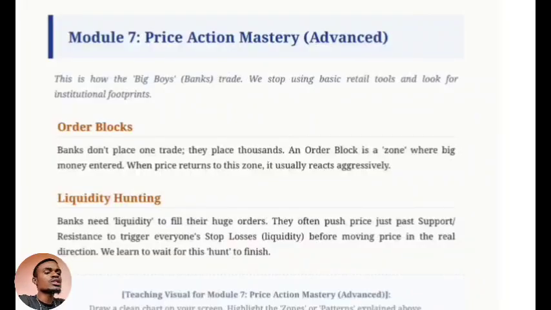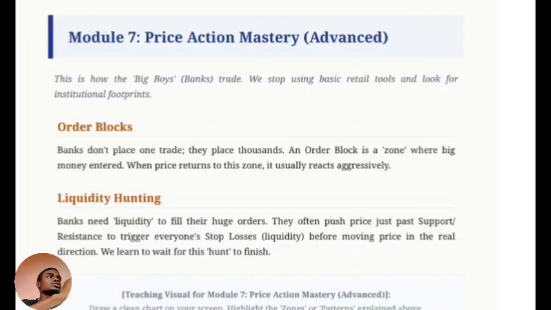Under this price action, I point out some things which I majorly use to trade as well. I use order blocks and liquidity hunting. I also talked about it right here. When I say order blocks, banks don't place one trade, they place thousands. An order block is a zone where money enters, and when price returns to this zone, it usually reacts aggressively.